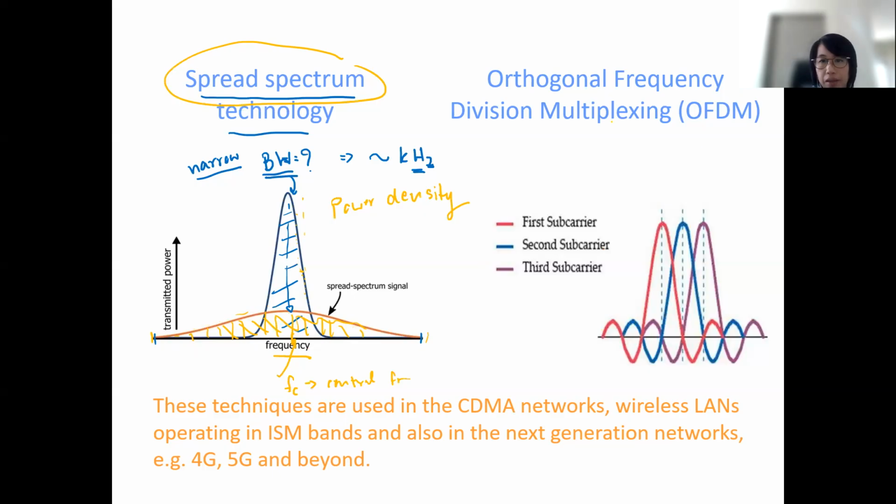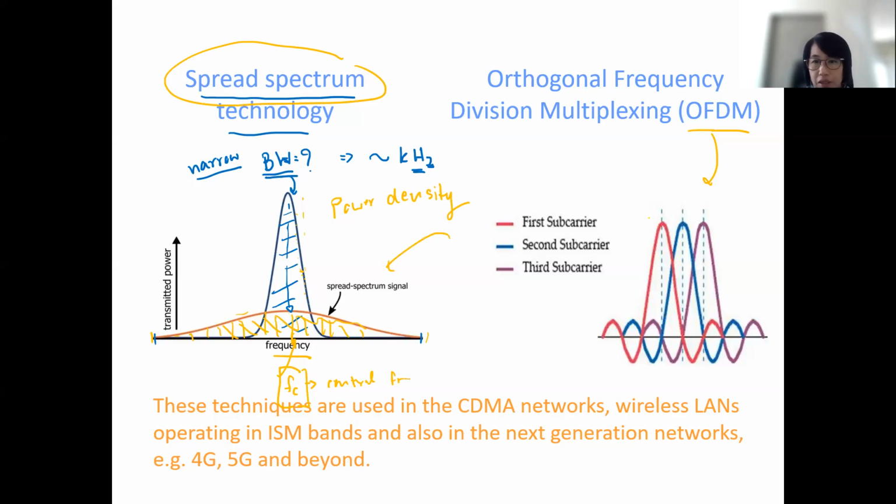And for orthogonal frequency division multiplexing, this is a kind of multiple carrier, right? If you take a look here, you have only one carrier frequency that sends your data, right?